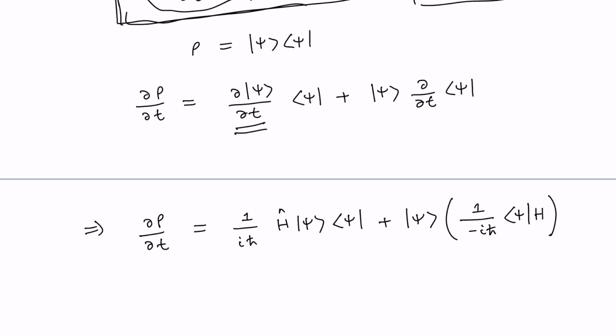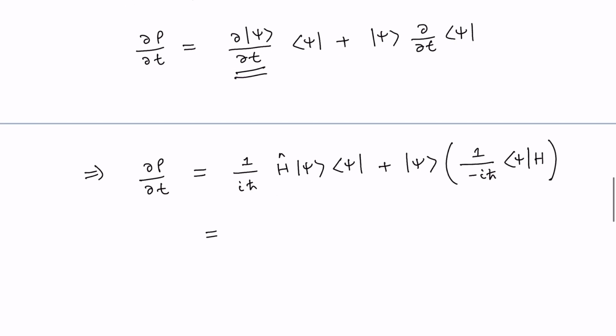So this is what I am going to have, and if I take 1 by iħ common, this guy is nothing but your rho, right? So I have here Hρ, then I have minus, because of this minus sign, ρH.